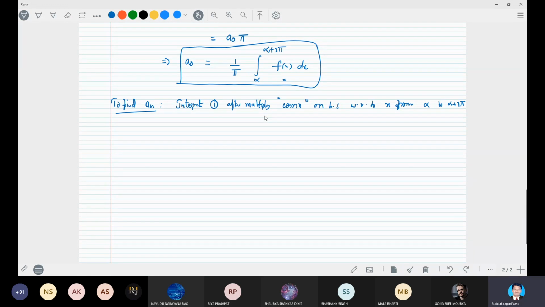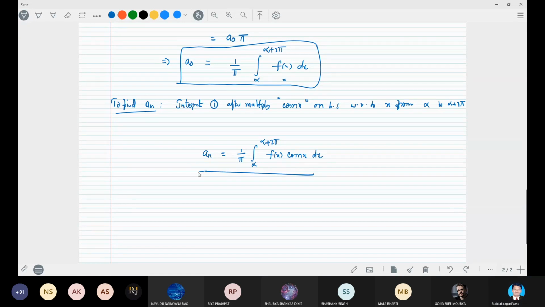So they will give you only the term where an is there. So from that we can get an equal to 1 by pi, in the same way, the integral from alpha to alpha plus 2 pi of f(x) with cos nx dx.